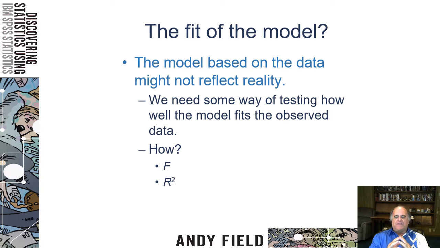You're probably familiar with the F test from ANOVA last semester, or an R squared measure, which is simply really the overall correlation for all of the data, if that makes sense, squared. But again, in this case, we're just dealing with one variable, so it's a simple regression.